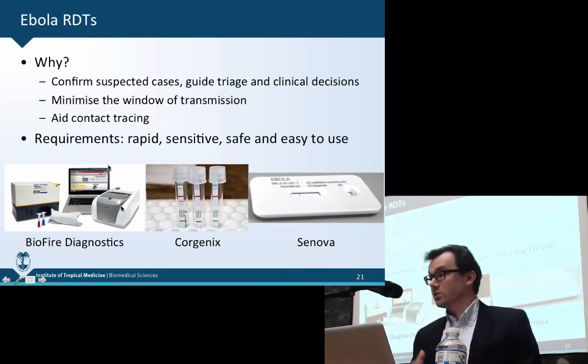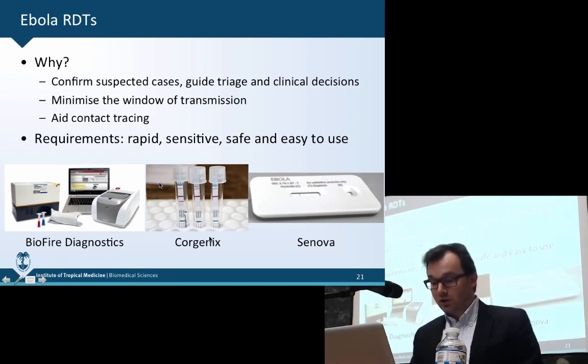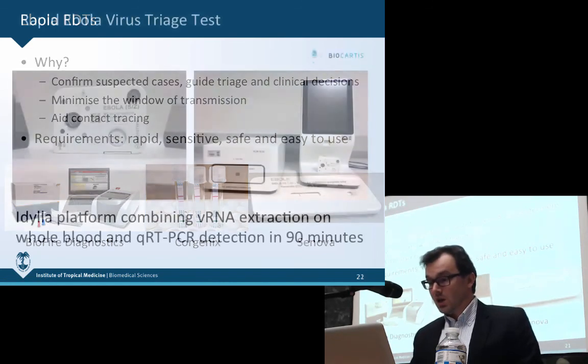This is also a PCR-based test. It takes about an hour. Our test in Antwerp runs about 3 to 4 hours. So that's a time reduction there. And then also emergency use authorization by WHO just recently, yesterday or the day before, for this Corgenix test. It's an antigen-based rapid test.